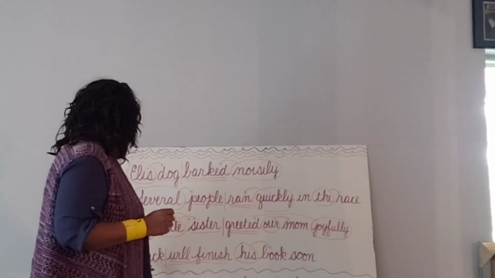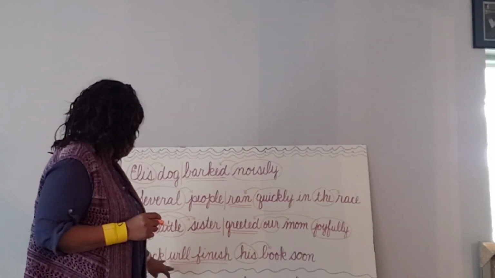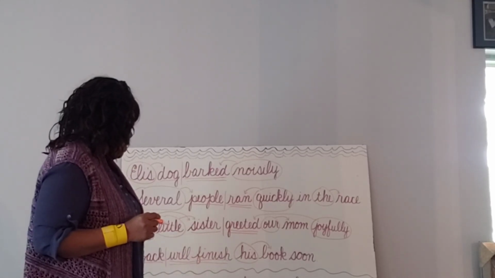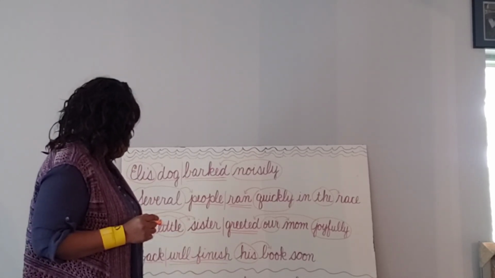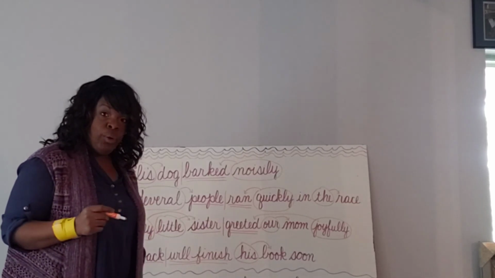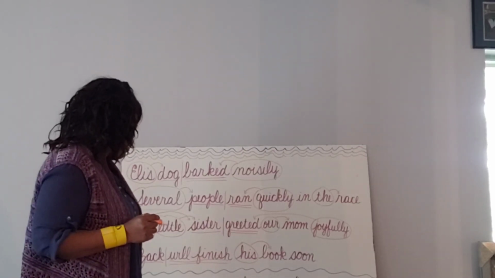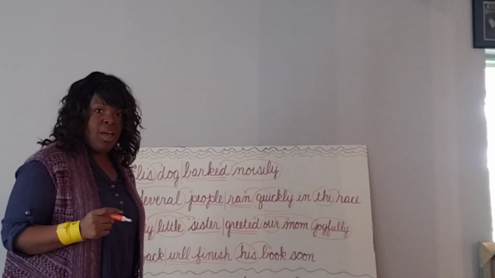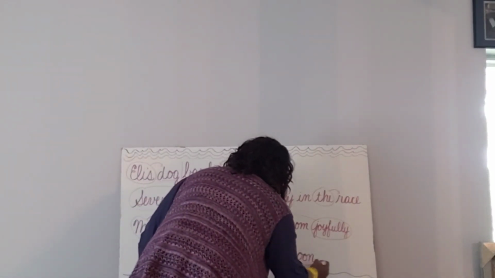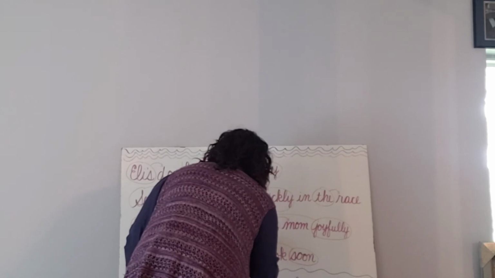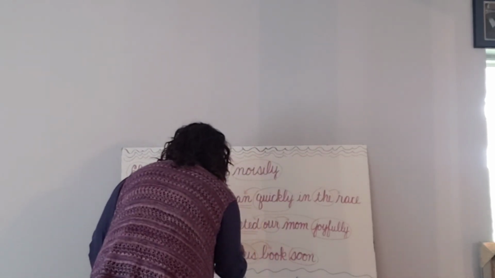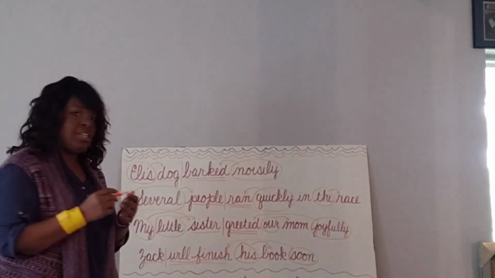Joyfully. Will finish. Will finish how? No, when? Ooh, is there when? Zach will finish his book soon? Soon. It tells when. Jack will finish his book in 3 years? No. Soon, it says. So soon tells us when.